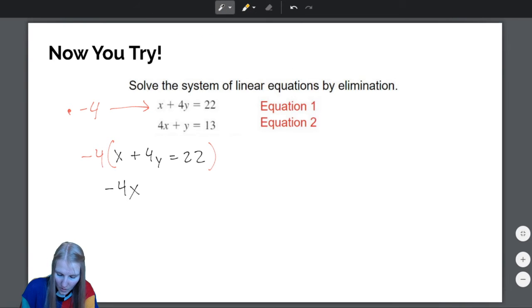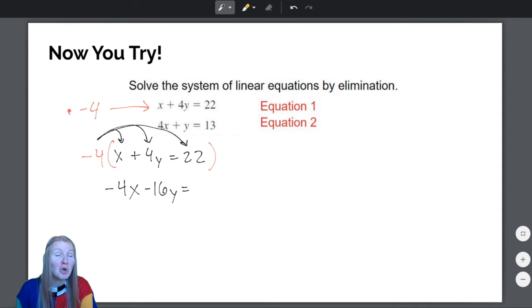And negative 4 times x is negative 4x. Negative 4 times 4y is negative 16y. And negative 4 times 22, see, negative 4 times 2 is 8, so negative 4 times 22 should be 88.